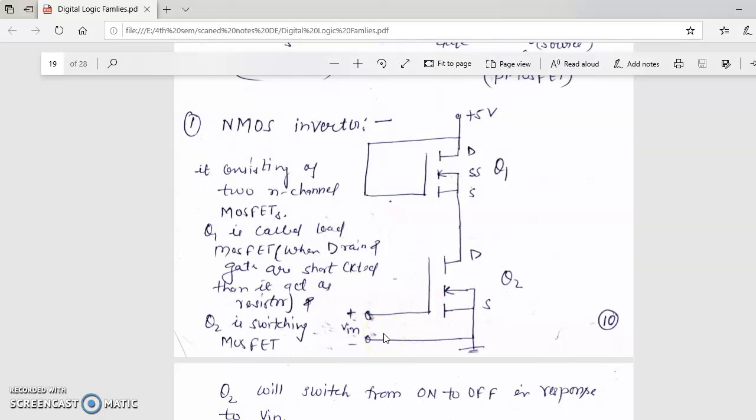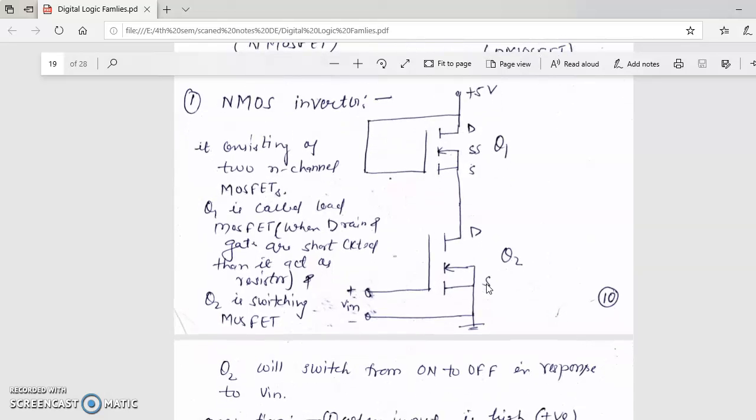Just opposite, when we apply V in as zero logic or low logic, this MOSFET is off, no drain current flows through it, and the output is logic high or VDD. It means this circuit acts as an inverter, an NMOS inverter.